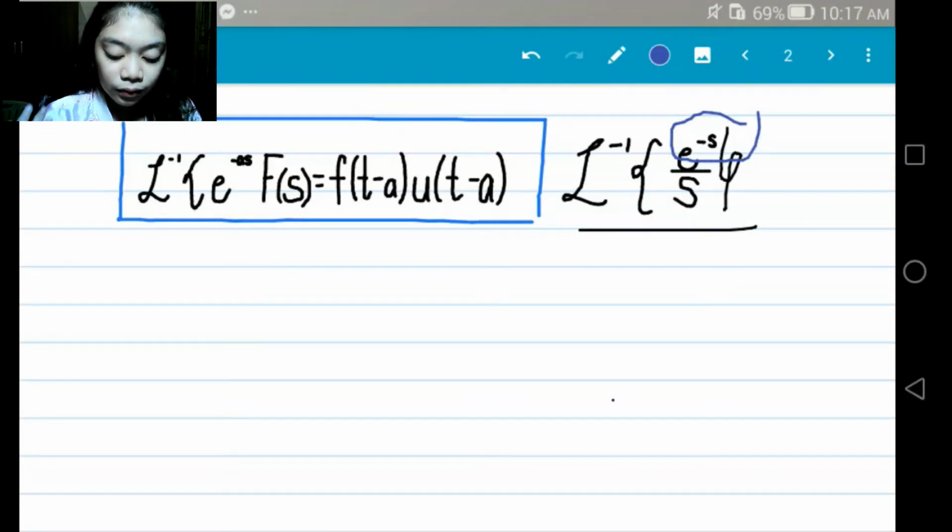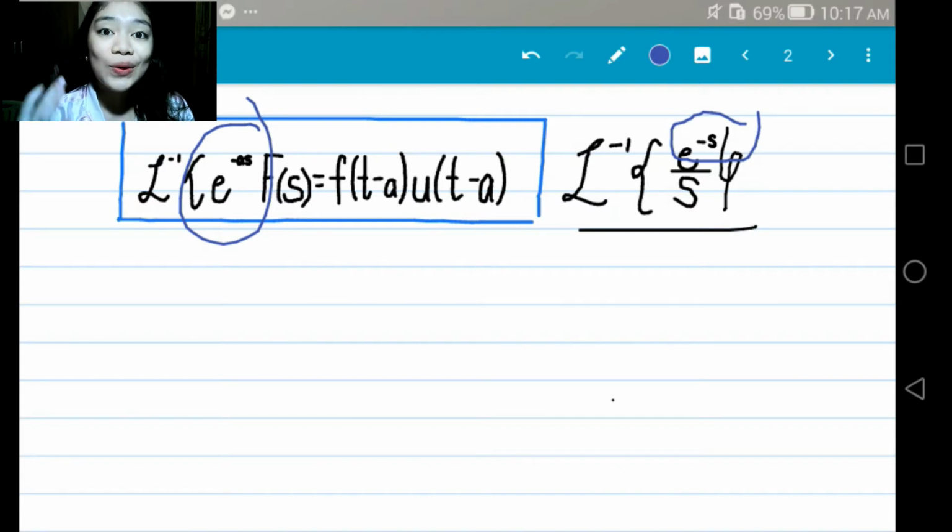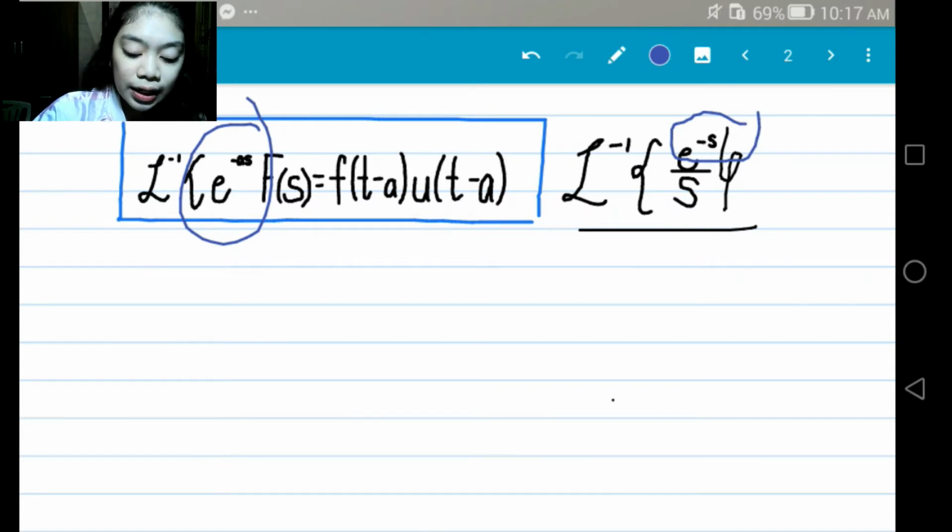That e raised to negative s, or the numerator here, will serve as e raised to negative as in the general formula. So we can use that e raised to negative s in finding a. So how to find a? We just have to look at the numerical coefficient of the exponent of e. So the exponent of e here is negative s.